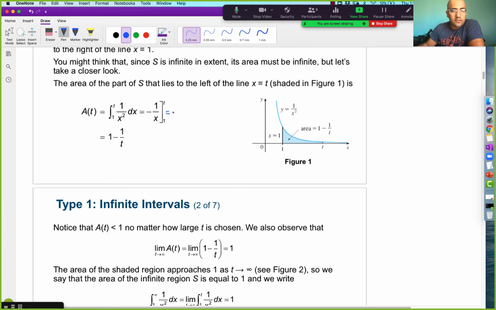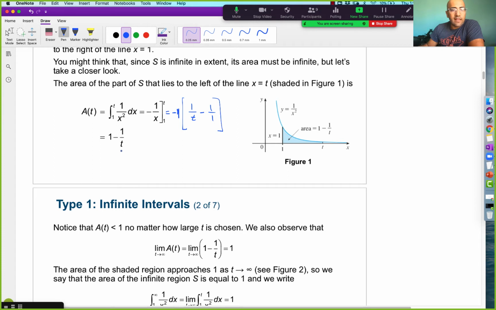That this is the same thing as negative 1 over t minus negative 1 over 1. And then as we distribute this minus, we end up with positive 1 minus 1 over t.